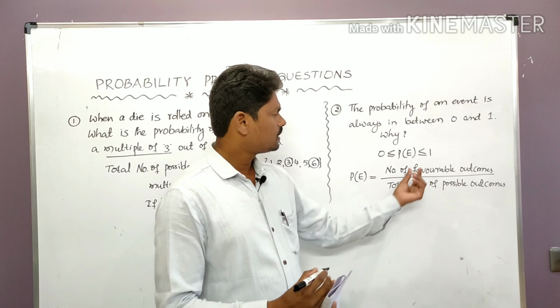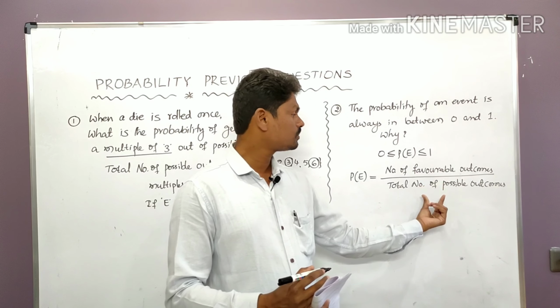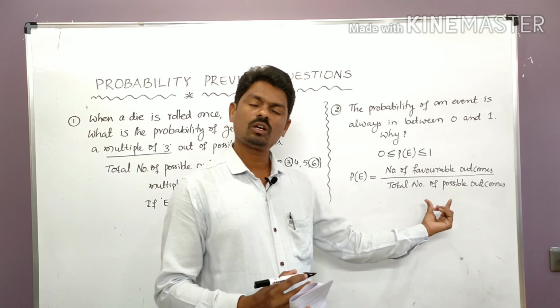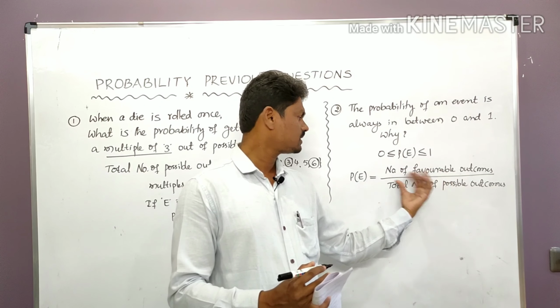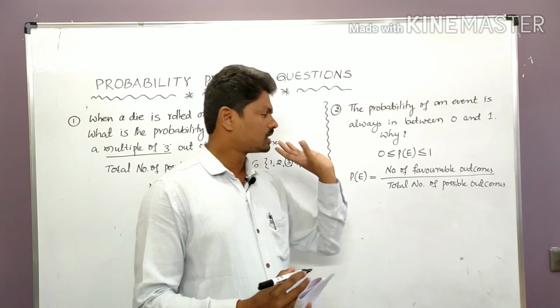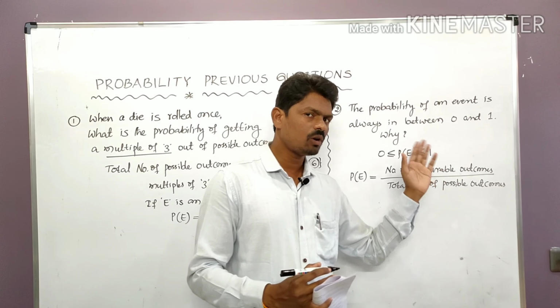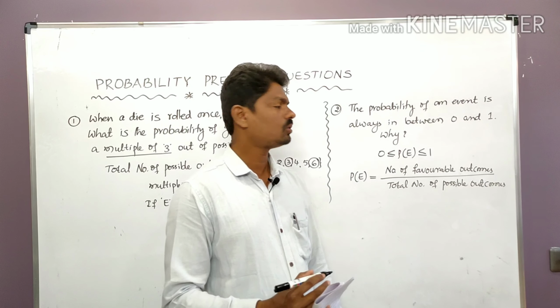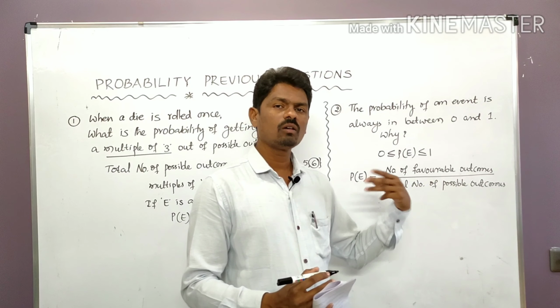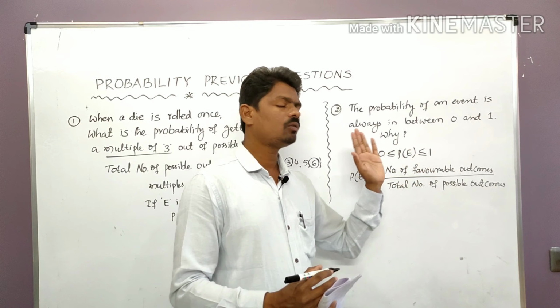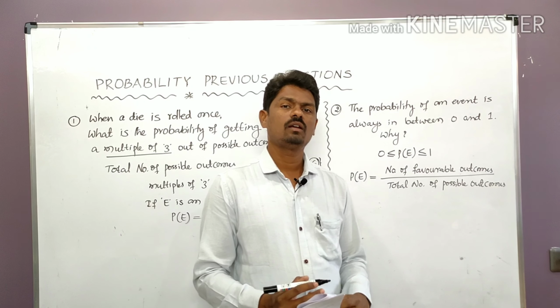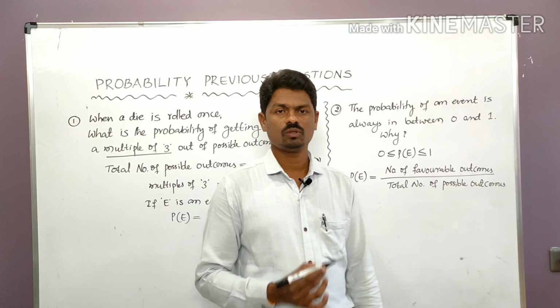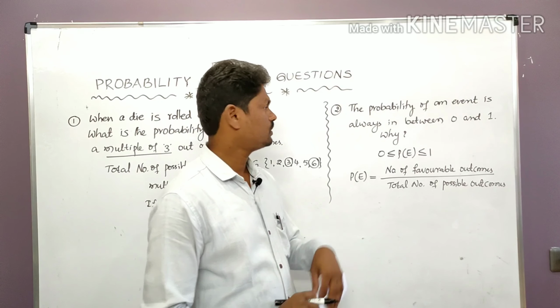Sometimes favorable outcomes will be equal to the total number of possible outcomes, in that case probability equals 1. Sometimes favorable outcomes become 0, in that case probability becomes 0, and in all other cases favorable outcomes are always less than total number of possible outcomes. So hence probability lies in between 0 and 1.